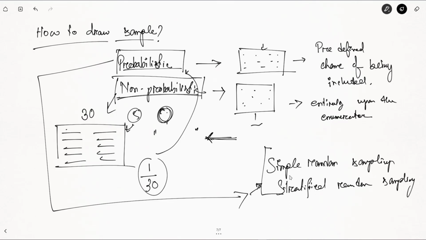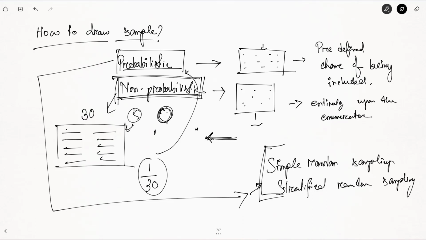Today I am just giving you an idea about this. When we are done with the other topics, we will revisit simple random sampling and stratified random sampling. In non-probabilistic sampling, there is no hard and fast rule. The entire decision is made by the enumerator. He will decide which one to select and which one to remove from the population in selecting the sample.